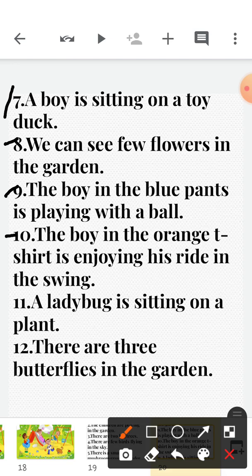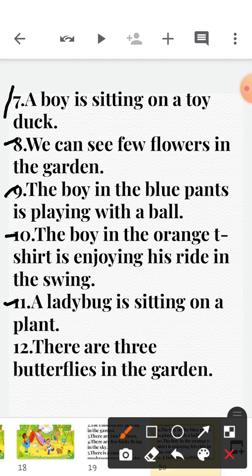So, you will write, the boy in the orange t-shirt is enjoying his ride in the swing.